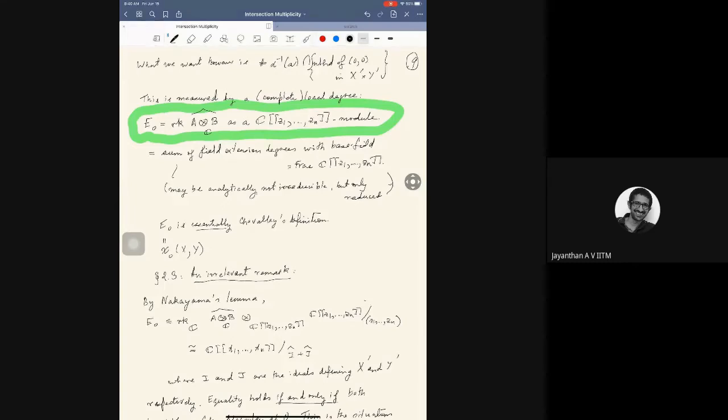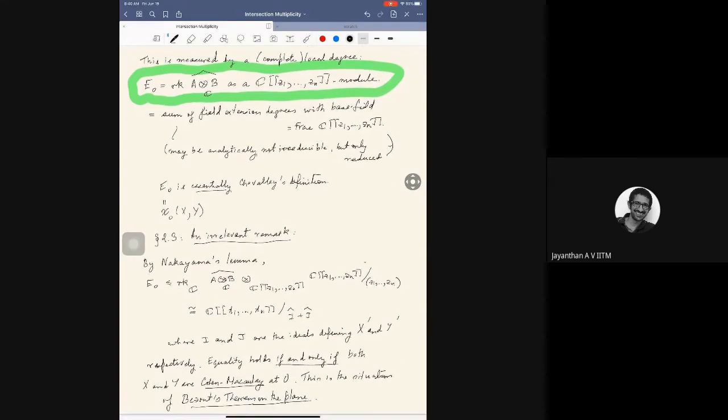So how does this compare to Bézout's theorem? As I said, this is something of an irrelevant remark, but maybe let's throw it in. I'm talking to an audience which are experts at commutative algebra, but for those who have not had commutative algebra before or are disinclined to it, I think this is a good motivation for Cohen-Macaulay.